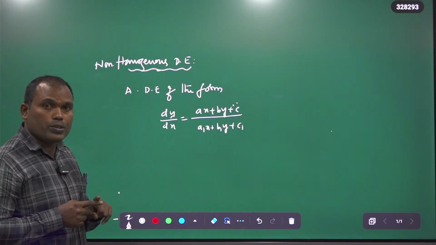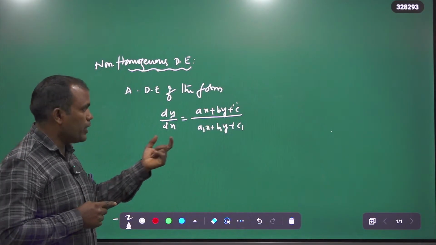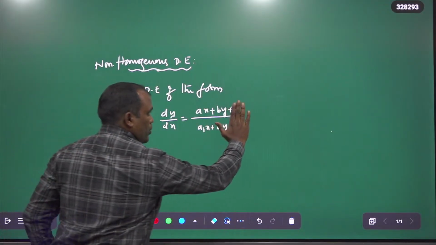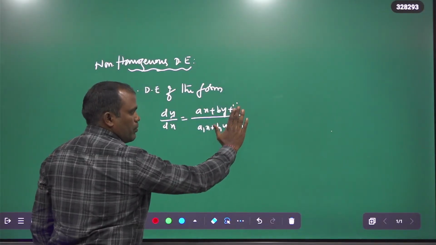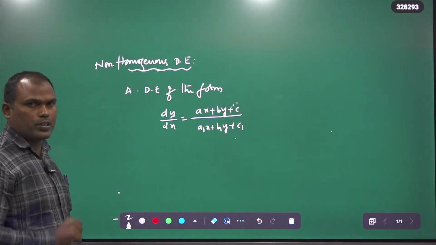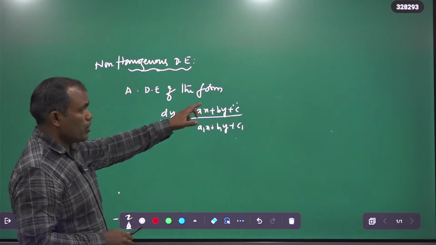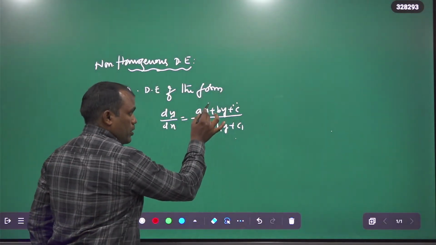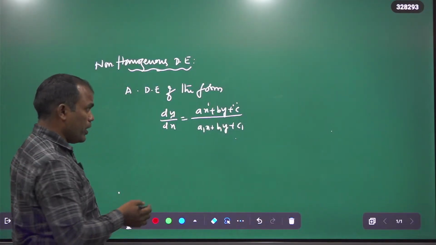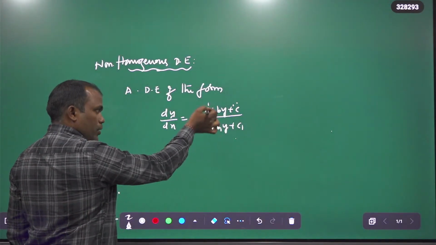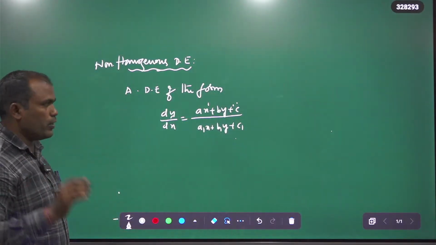A homogeneous equation has numerator and denominator with only x and y terms, except constants. Whenever a differential equation has numerator and denominator with a constant, that is a non-homogeneous equation. In homogeneous, x and y terms, and at the same time the degree should also be equal. Here both are linear equations only. In non-homogeneous we also have linear equations, but with a constant. Without a constant it is homogeneous, with a constant it is a non-homogeneous differential equation.